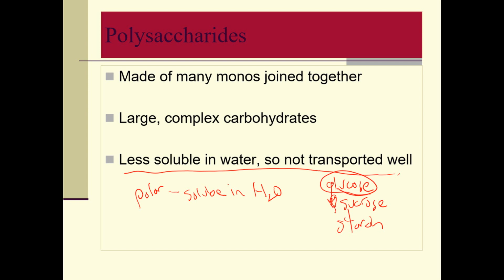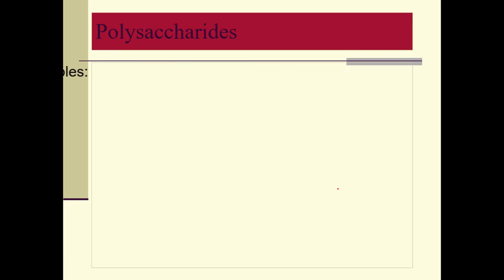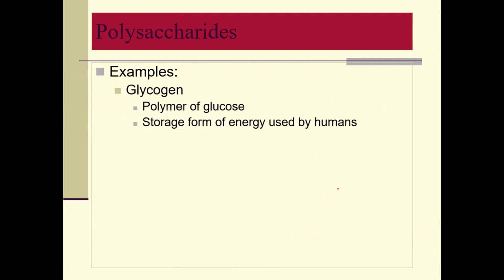So now all that's left for the polysaccharides is to go over examples. Okay, glycogen is a polymer of glucose. Saying that it's a polymer of glucose just means it is made up of glucose, all of these glucose molecules strung together.